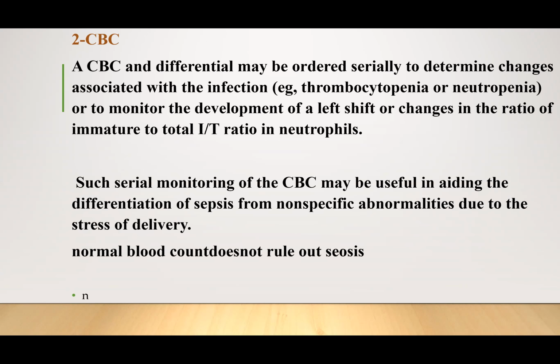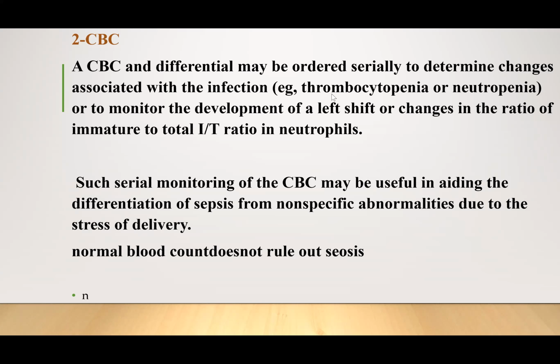This is the full blood count and differential count. It is very important, and sometimes you need to do it serially. I mean, I repeat it to see what is going on. Like if I have thrombocytopenia or neutropenia, which is very common to find, I must know what is going on.